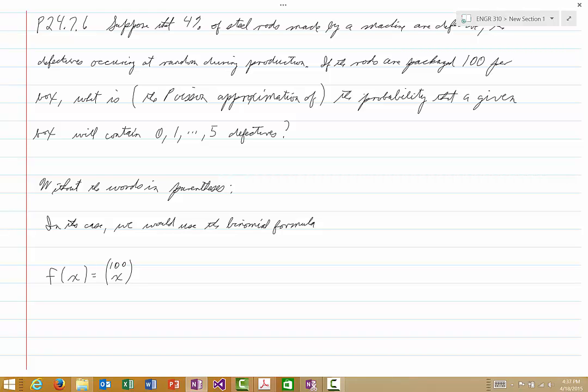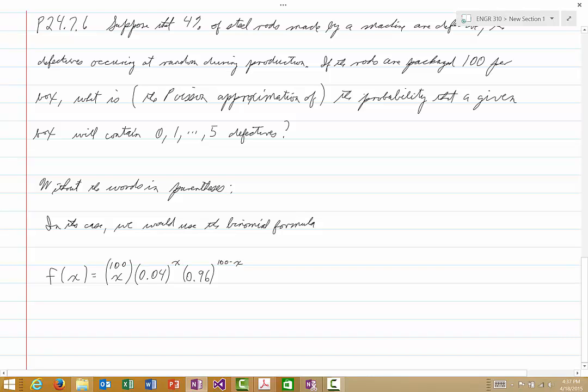And then we will have p, which is 0.04 to the x power times 0.96, that's 1 minus p, to the 100 minus x power.